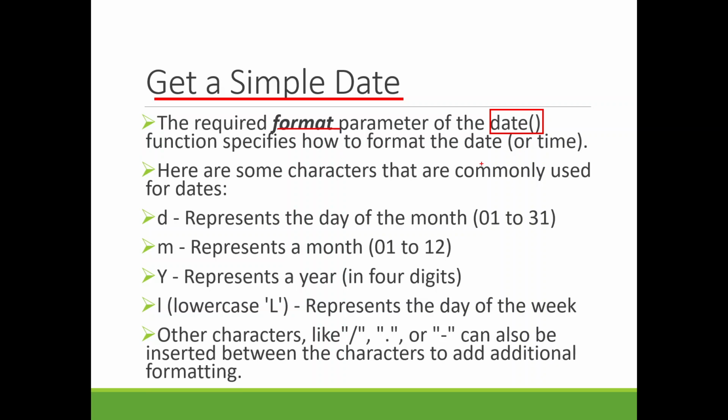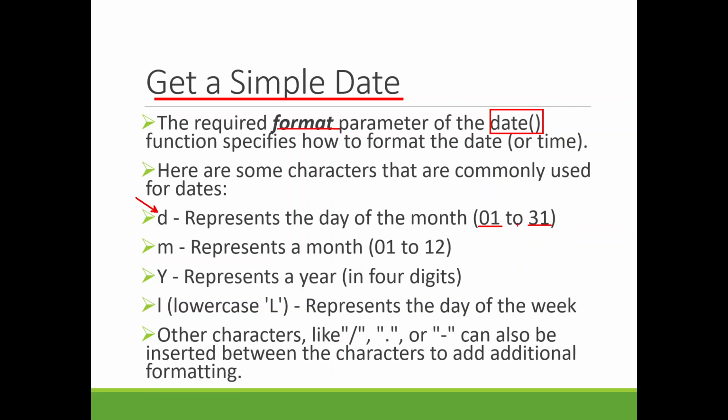Now, these are some of the commonly used parameters when it comes to formatting the date. For example, you can use a letter d in order to represent the day of the month. The day of the month, when you use d, is going to be printed in this format, 01 to 31.